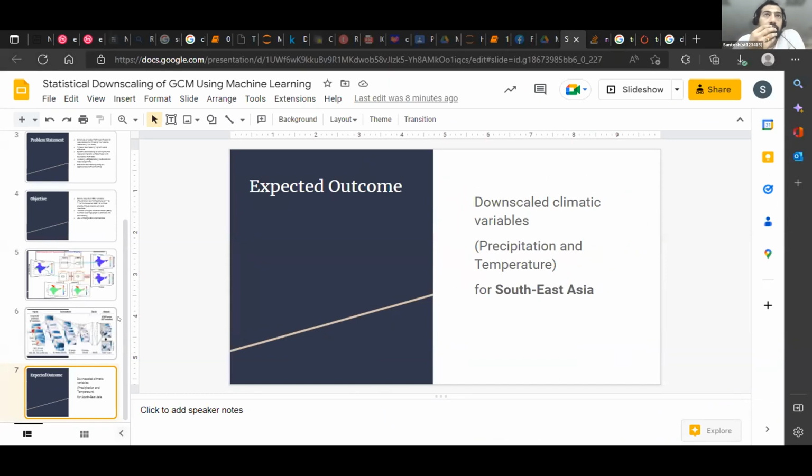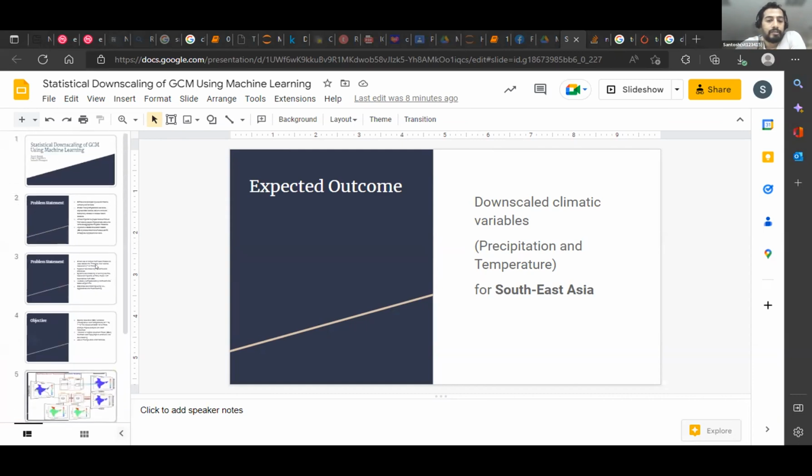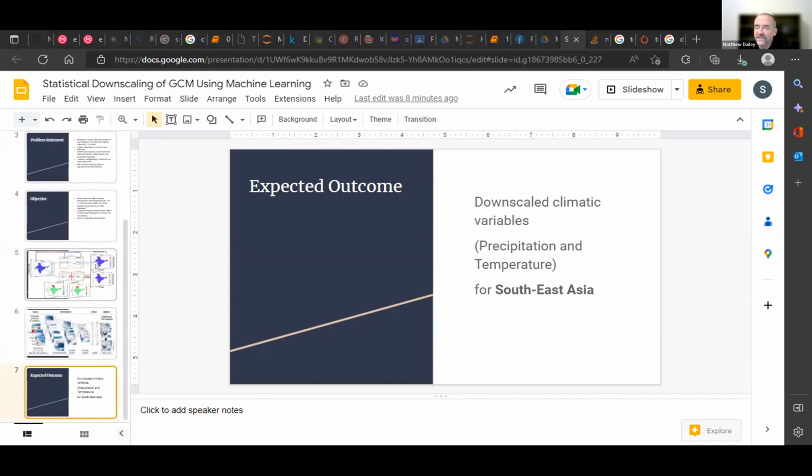Yeah, and this is the expected outcome. We'll have downscaled climatic variables, precipitation and temperature, for Southeast Asia. So is there any question? Okay, so are you going to follow an existing method but apply it to a new region? Is that the idea? Yeah, Professor, maybe we could follow the existing method, but the architecture might be different.